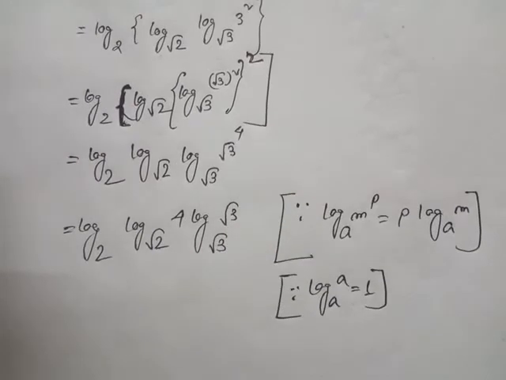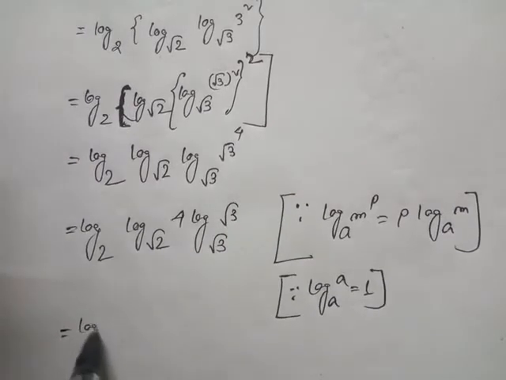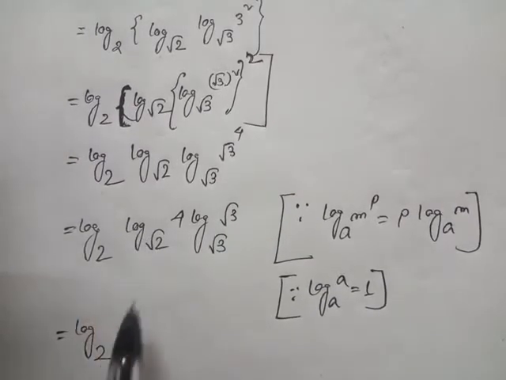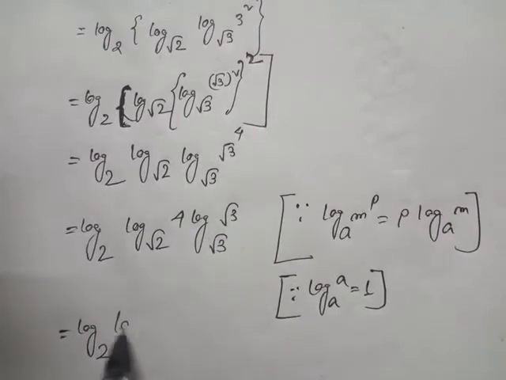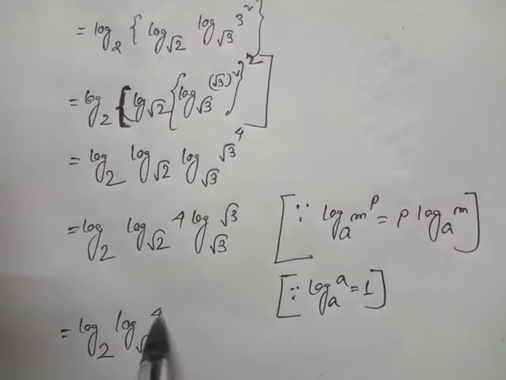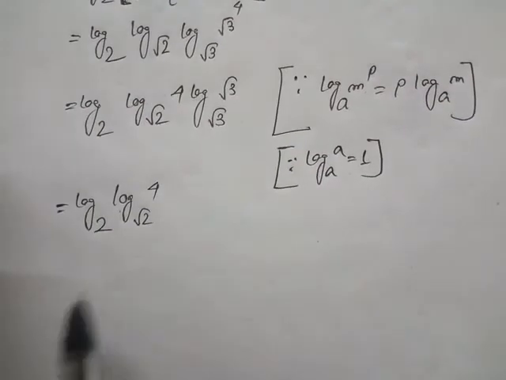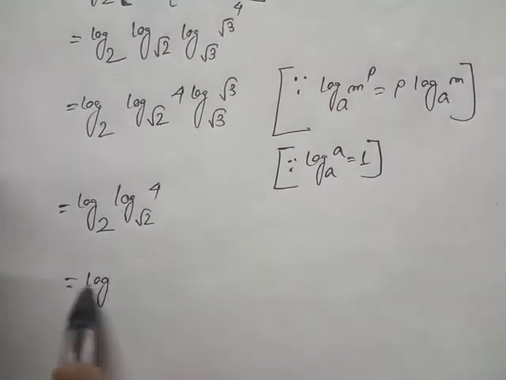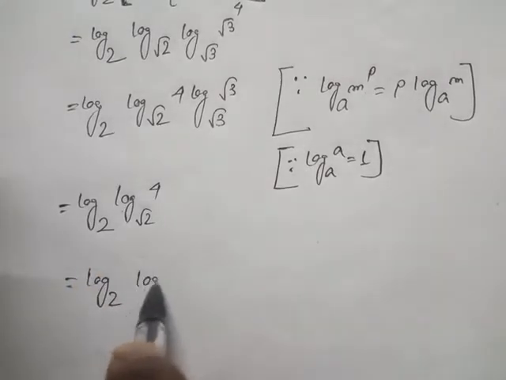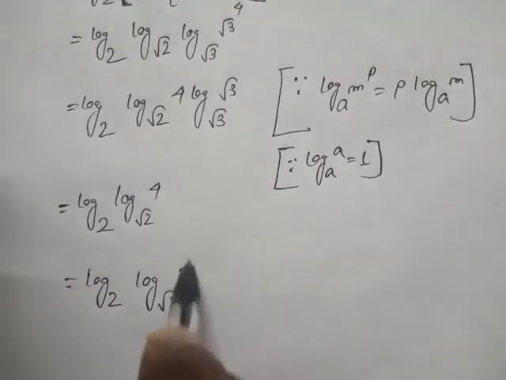Now look, after that student, log base 2 and this equals 1, so log base root 2 and 4. Now look, after that, here log base 2 and log base root 2, and there is 2 square.